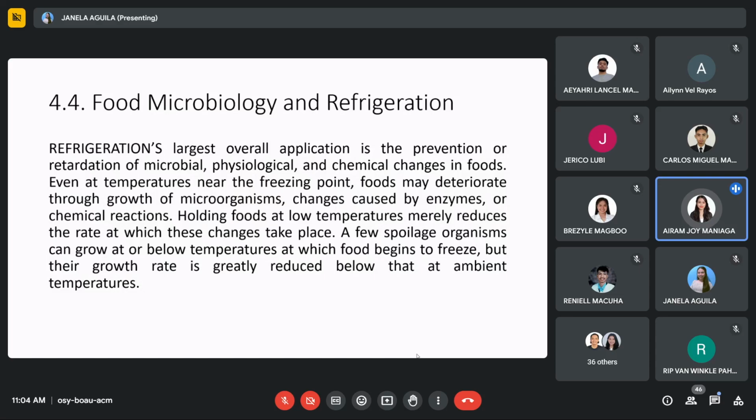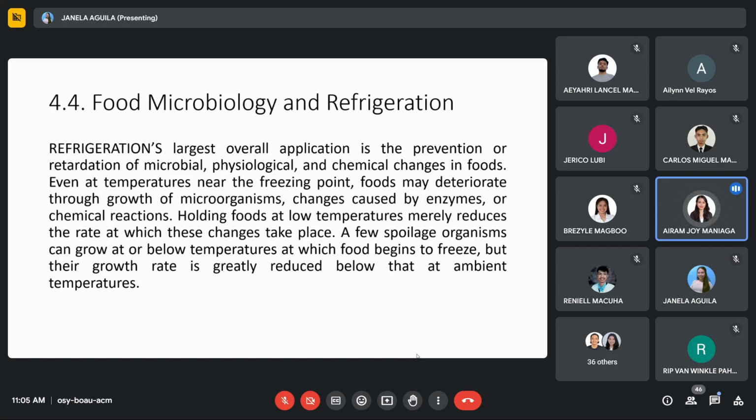So ayun, 'di ba, usually ang ginagamit natin ay fridge para mag-store ng mga pagkain like leftovers. Tapos kasi mas madaling napapanis yung pagkain pag hindi siya properly stored or nainitan. Kasi ang mga bacteria or microorganisms na nag-grow sa food ay mas mabilis nag-grow between temperatures that range from 40 to 140 Fahrenheit.